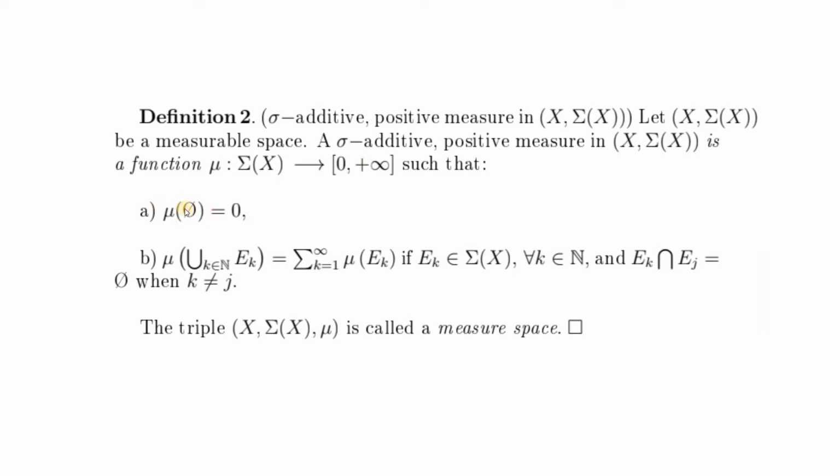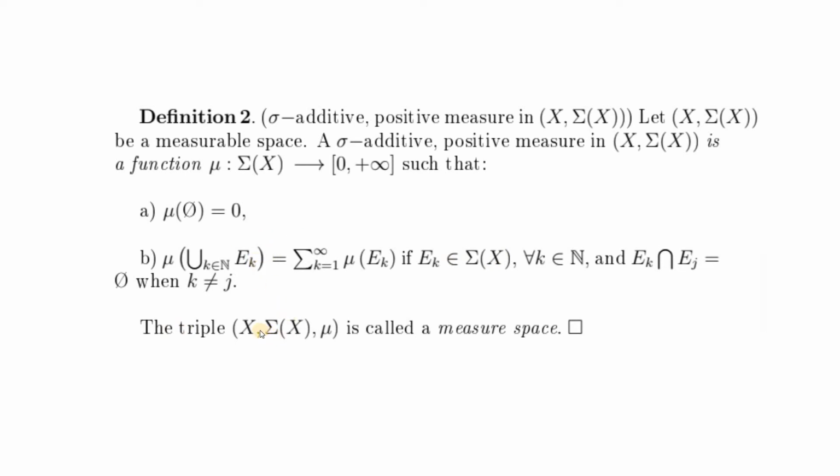The function applied to the empty set is 0, and when you apply the function to the union of a succession or a family of subsets from this collection, you get the sum of the function applied to the individual subsets.